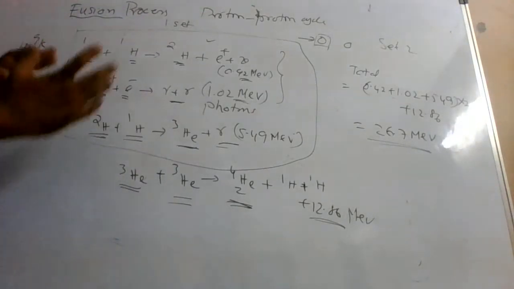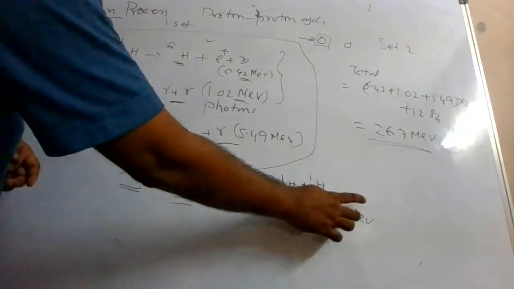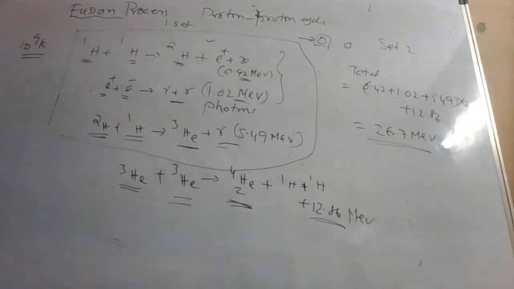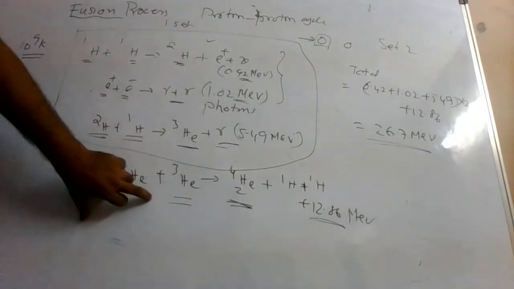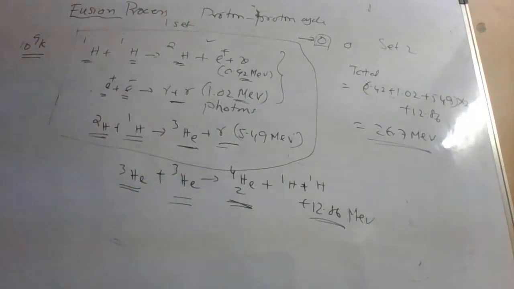Three and three were mixing, two protons released, and four formed the core of a helium nucleus. Total 6 were there, 2 were released, 4 left. So the core of helium is created, and in this process a tremendous amount of energy is released. This is basically the process involved in nuclear fusion.